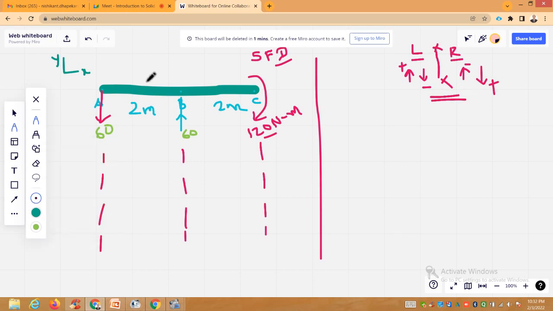Now take first section XX, as I have already explained to you. D stands for dead end. You assume dead end here.